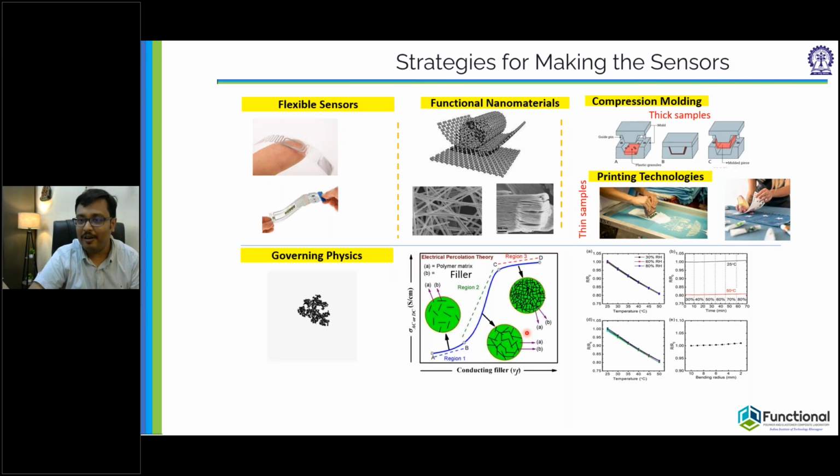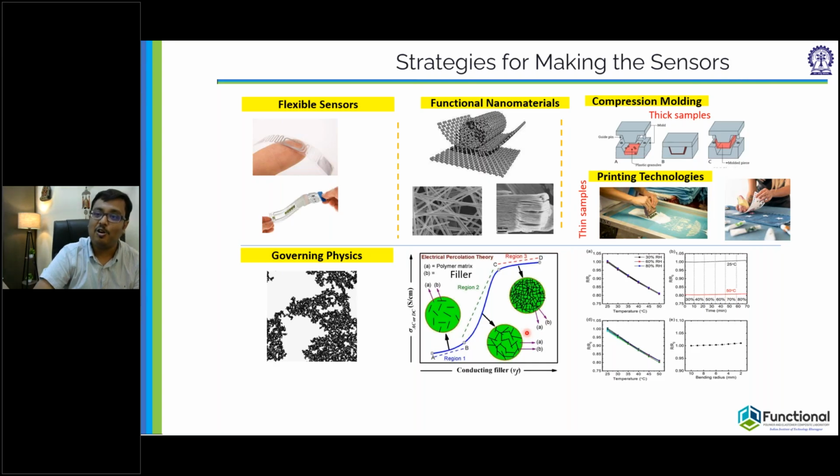But we all know, in the rubber industry, you cannot afford to have all these facilities all the time. So what we do is leverage traditional techniques like compression molding to make this kind of sensors. In fact, injection molding can also be leveraged for making this type of sensors.